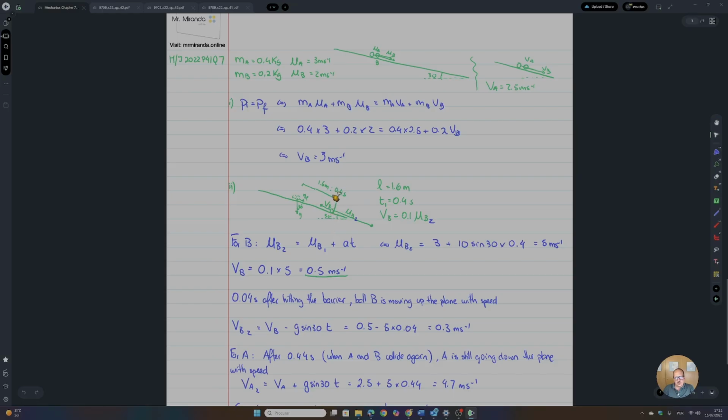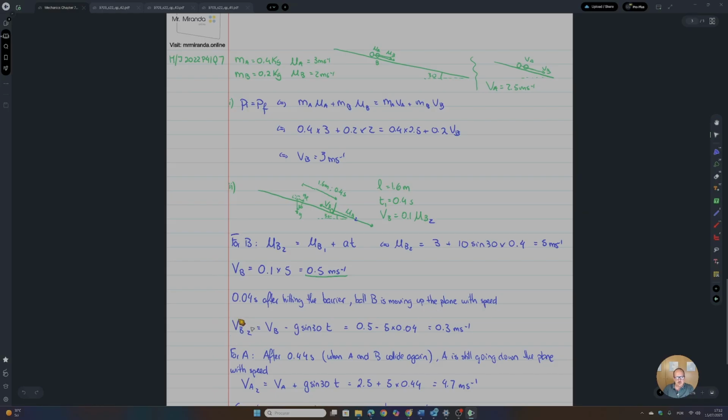It took 0.4 seconds to hit the wall, so the second collision occurs 0.44 seconds after the first one. Make sense? So 0.04 seconds after hitting the barrier, ball B is moving up the plane with speed.